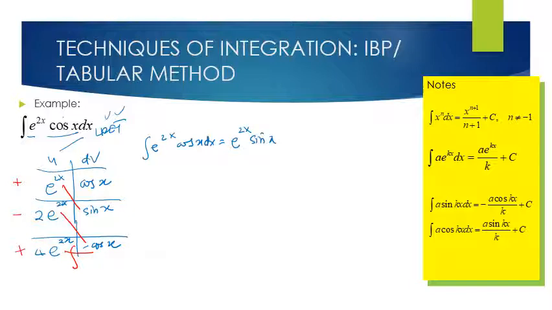Minus times minus, we will get plus, so we have 2e^2x cos x. And then the final section we have minus times plus, we will have minus, the integral of 4e^2x cos x.